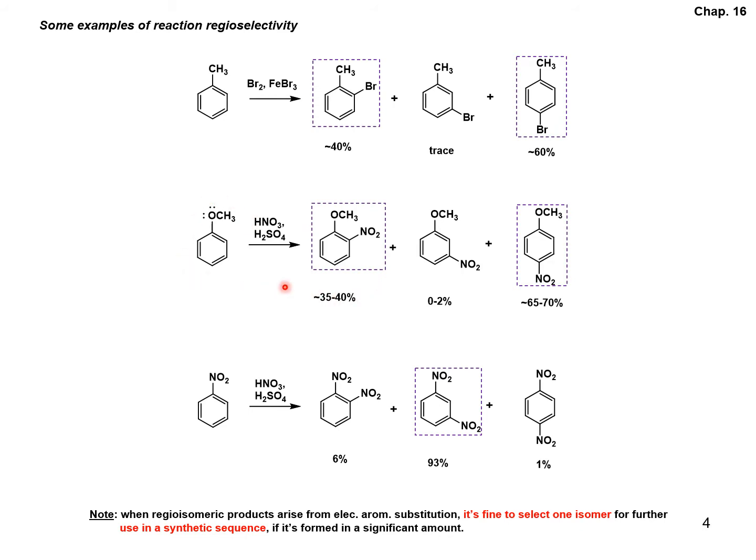You would just have to indicate that this gives a mixture and that you separated this one away and you carried on in your synthesis with this one. So it's perfectly fine, even though you know you're going to get a mixture of products, to use this as a synthetic step, either if you wanted to make the ortho product or the para product. You would just indicate that both isomers formed and then that you separated them in the lab and then carried on in your synthesis with whichever isomer that you needed.